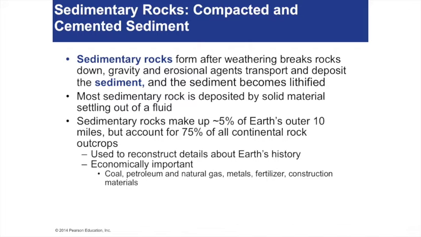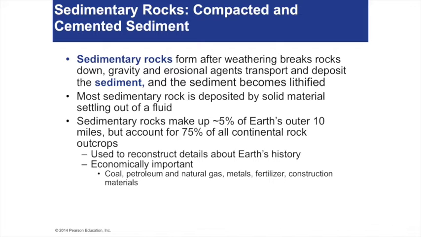After it's transported and settles as sediment, it's still not rock, it's just sediment. It's just gravel or sand or silt or mud or clay. Then it needs to be lithified. The word lithified comes from the word stone. Lithos in Greek is stone. So it becomes stone when it's cemented.